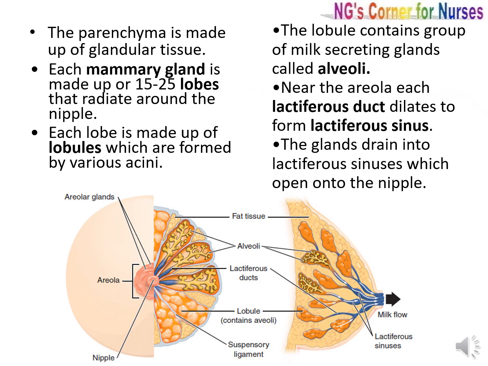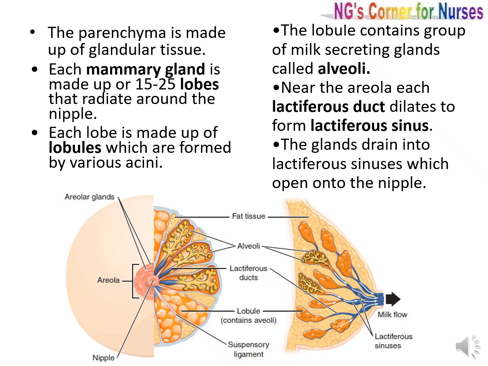The parenchyma is made up of glandular tissue, and each mammary gland is made up of 15 to 25 lobes that radiate around the nipple. You can see in the picture. Each lobe is made up of lobules which are formed by various acini.